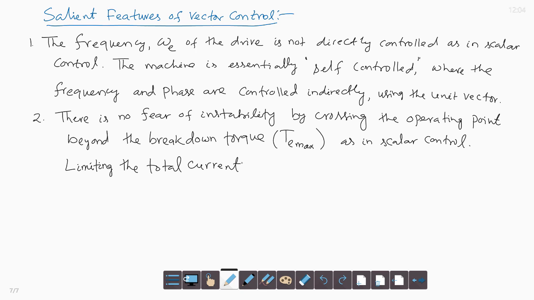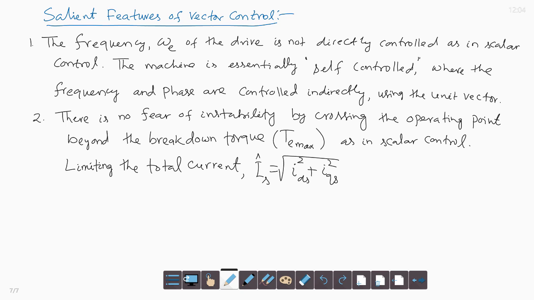What is the total current? Total current IS peak is the square root of IDS square plus IQS square.